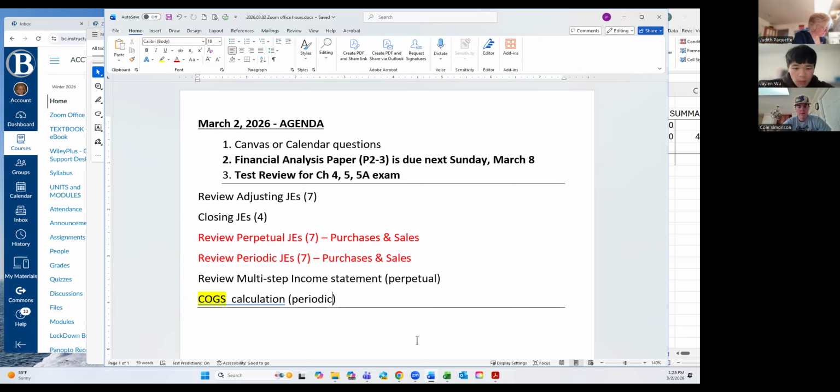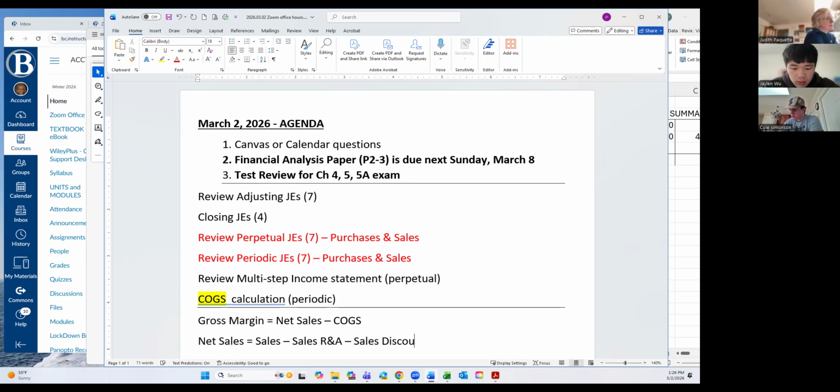You can do that. And know how to calculate net sales. So let's put this here. Gross margin is equal to net sales minus cost of goods sold. Net sales is equal to sales minus sales returns and allowances minus sales discounts.